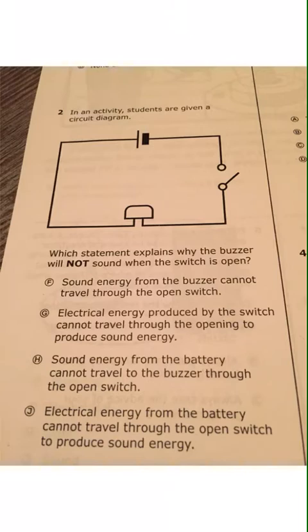G. Electrical energy produced by the switch cannot travel through the opening to produce sound energy. H. Sound energy from the battery cannot travel to the buzzer through the open switch. Or J. Electrical energy from the battery cannot travel through the open switch to produce sound energy.